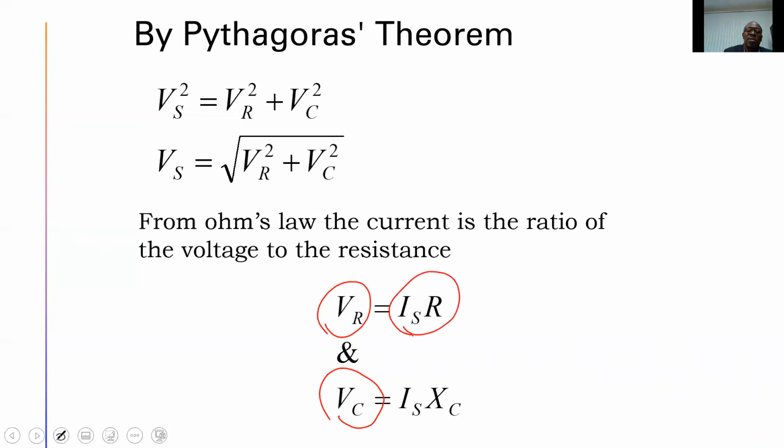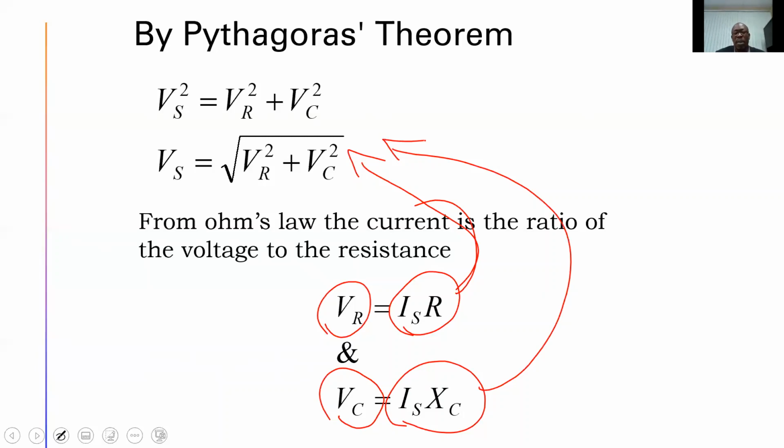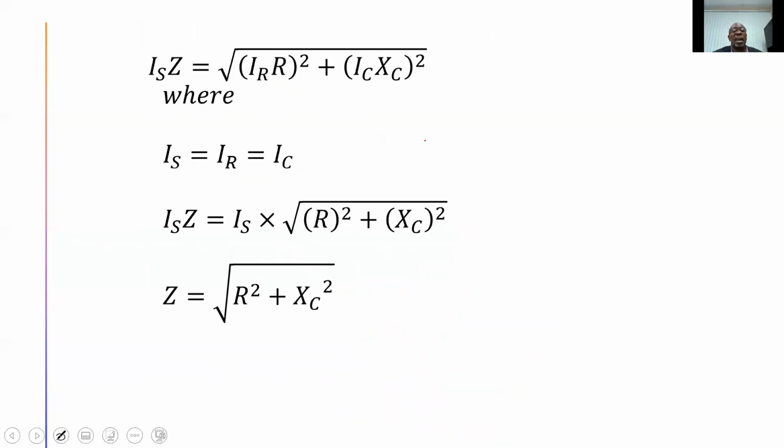Substituting these relationships into our equation, we see that ISZ, and I'm now introducing a new term, ISZ is equal to IR times R, all squared, which as we indicated before would have been VR, and IC times XC, which would have represented VC, all squared.